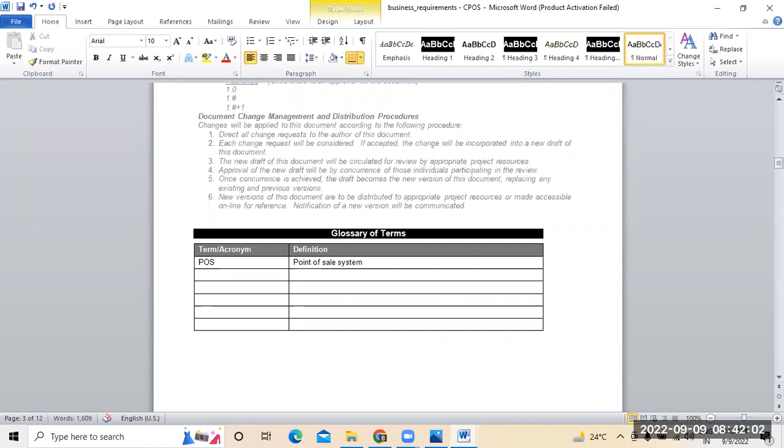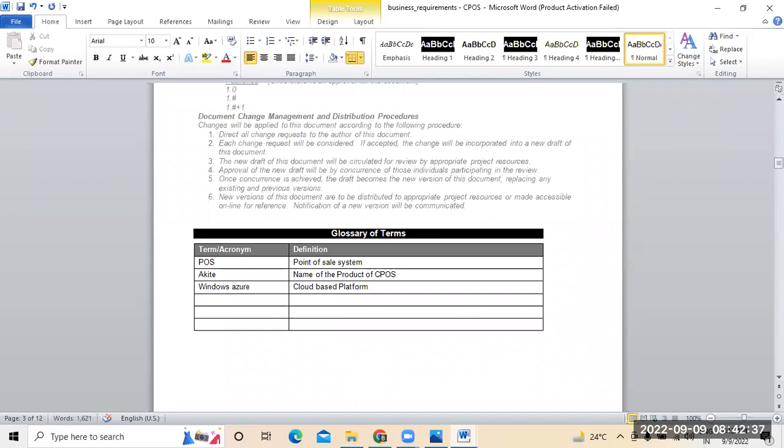Next, we have used a word called Ekite. Ekite is the product name, of cloud CPOS, the cloud point of sale system. Next, we have used one more name called Windows Azure. What is Windows Azure? It is a cloud-based platform.